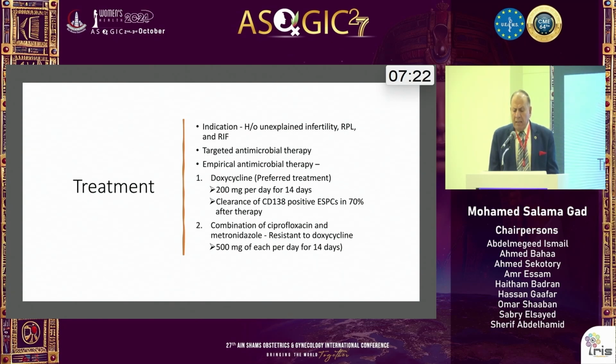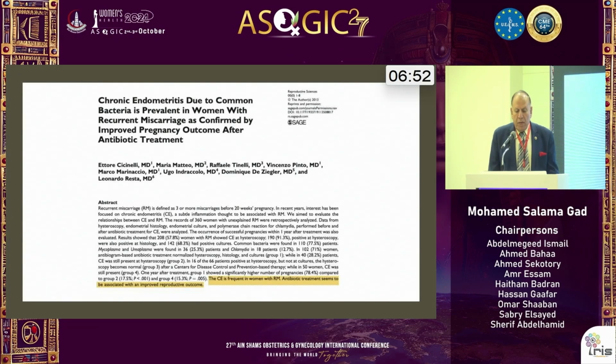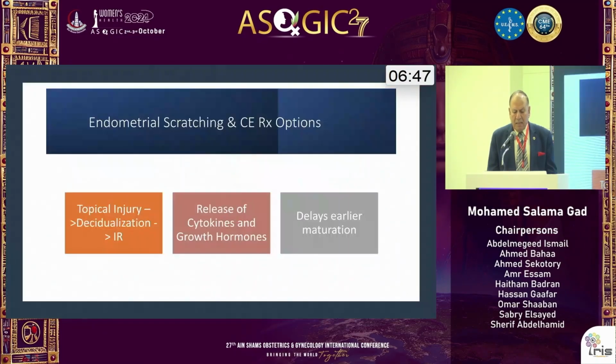However, empirical antimicrobial therapy may be used in the form of doxycycline, the preferred treatment, using 200 milligrams per day for 14 days, and there will be clearance of plasma cells in about 70% after therapy. A combination of ciprofloxacin and metronidazole is used in cases resistant to doxycycline. These are the papers confirming these results for chronic endometritis.